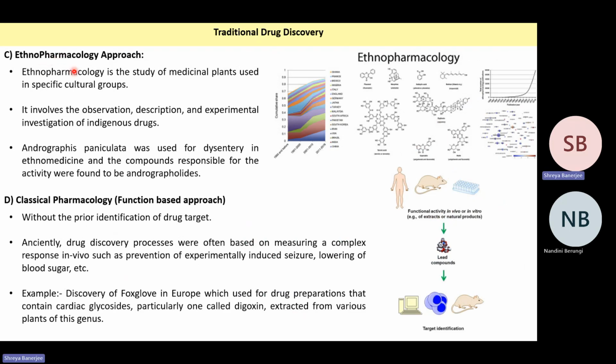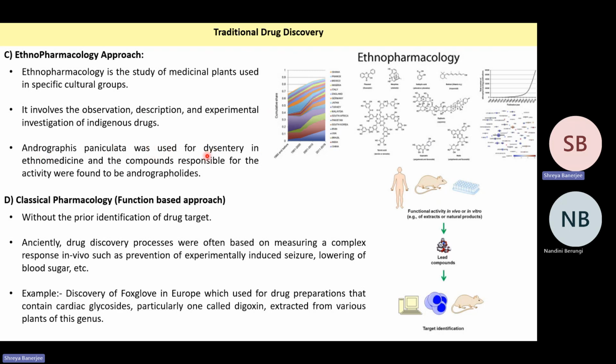Another is the ethnopharmacology approach. So this is the study of medicinal plants used in specific cultural groups. So you have native people, and researchers observe how the native people treat different diseases. So they write down their observations and experimentally investigate the drugs that native people are using. And from that, they have discovered several possible drug candidates. For example, Andrographis paniculata, this is a plant.